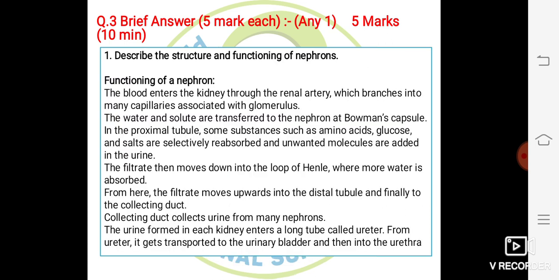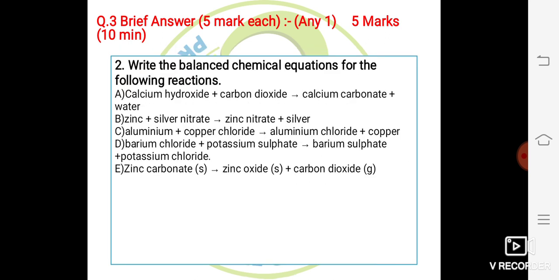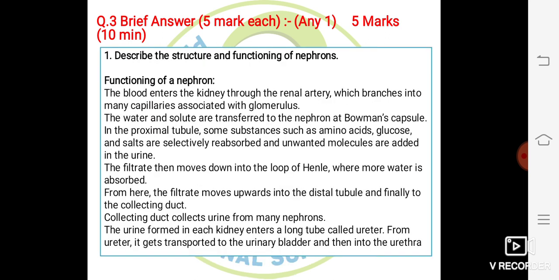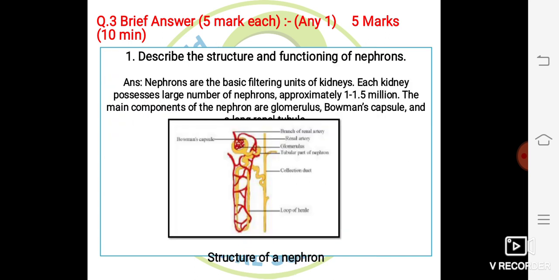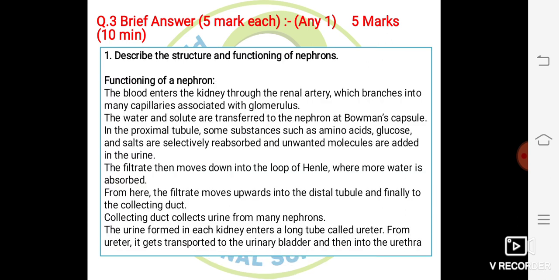Second part, you will write the functioning of nephrons, what all functions there are. If you see here, I have stated 7 points, and you can write any 5 of these. So this was the function that had to be stated. This is how this answer had to be attempted, the structure of nephron and the functioning of nephron.